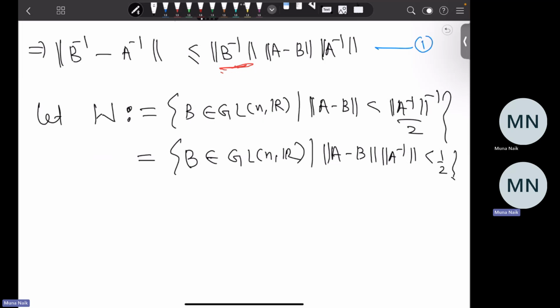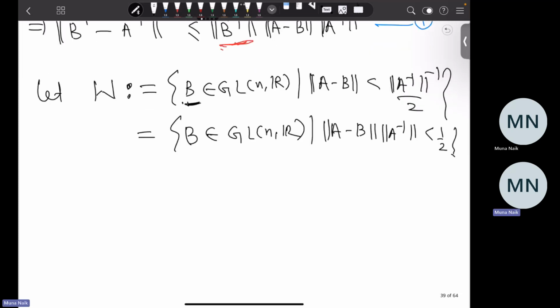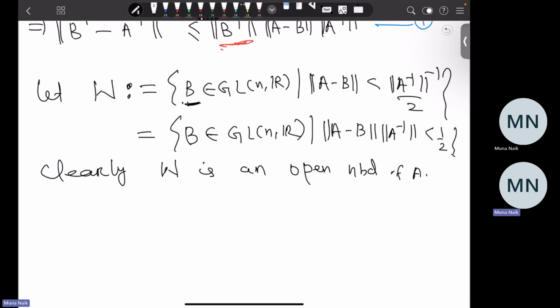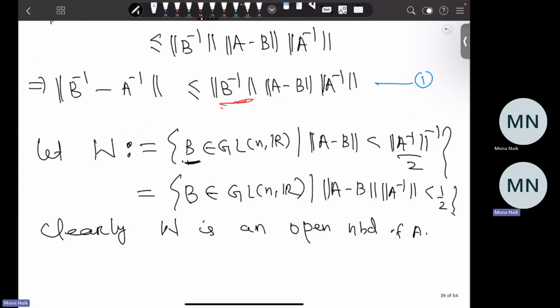So clearly, by this definition, W is an open neighborhood of A. If B belongs to W, that means the quantity norm of A inverse times norm of A minus B is bounded.